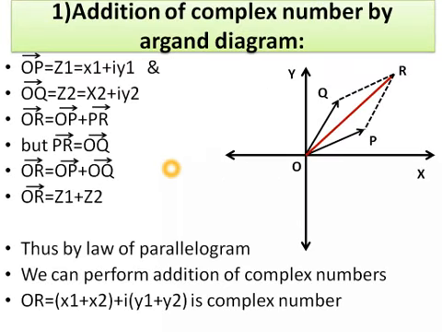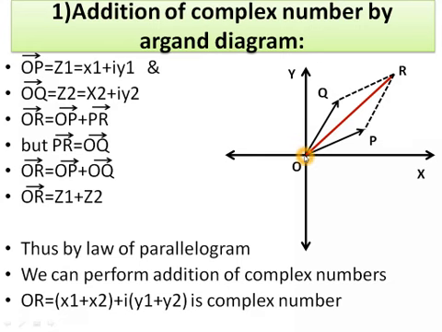By using the idea of the Argand diagram, let us see how addition can be performed, or how one can understand the process of addition by using the concept of an Argand diagram. For the same, we have the first complex number and it is represented by vector OP.